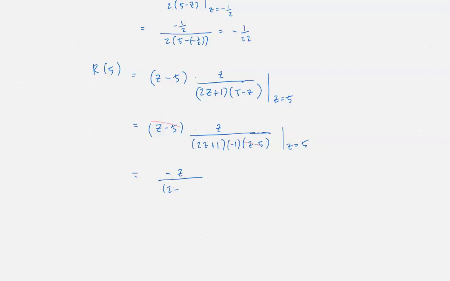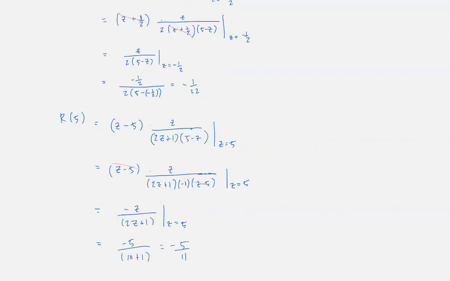Doing so, we have -5 over 10 plus 1. Then we have -5 over 11. All right, and that is how you find the residue using this method. Of course, this is only applicable for a simple pole.